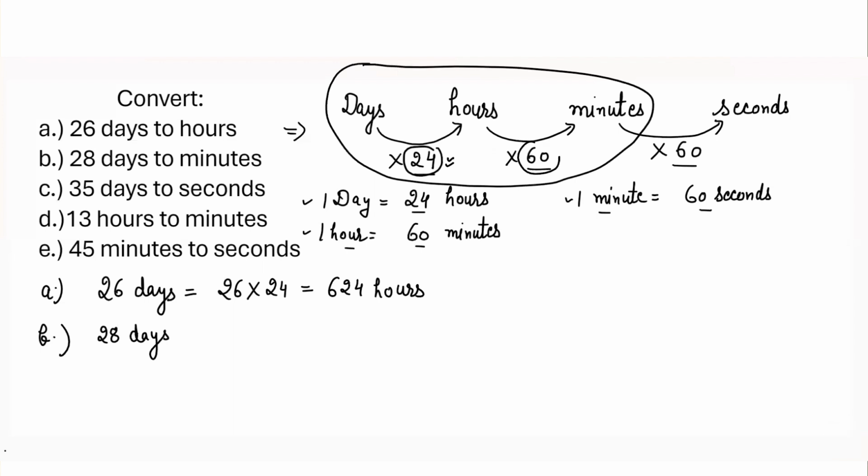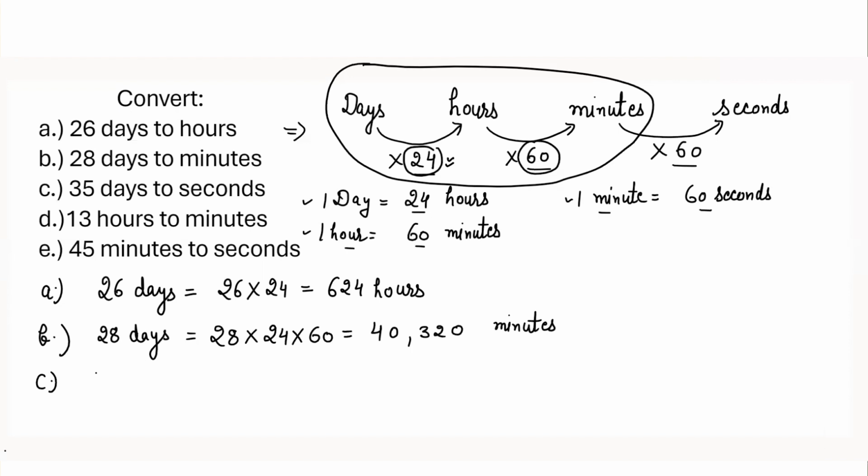That means 28 days will be equal to 28 into 24 into 60. Whatever answer I get will be in terms of minutes. If I calculate it, I get 40,320 minutes.